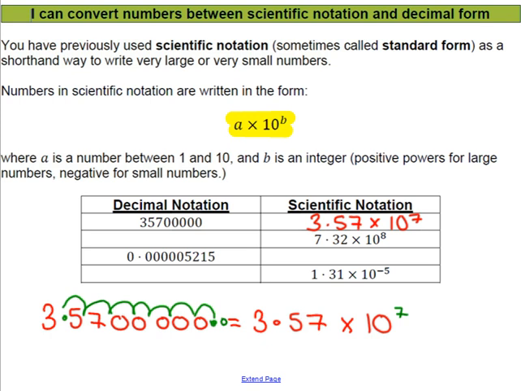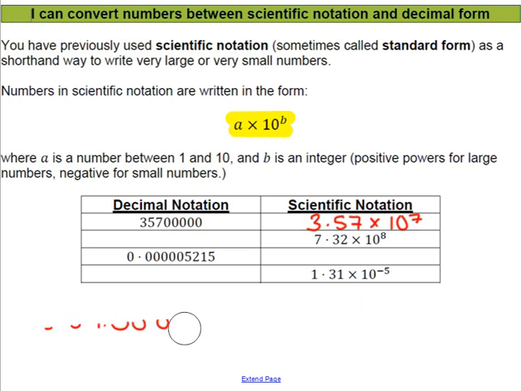So the next example we have is, here we have 7.32 times 10 to the power of 8, and I want to change that into a normal number. So I want to do what I previously did in reverse. So I am going to begin with 7.32, so my number has to have 7, 3, 2 involved.